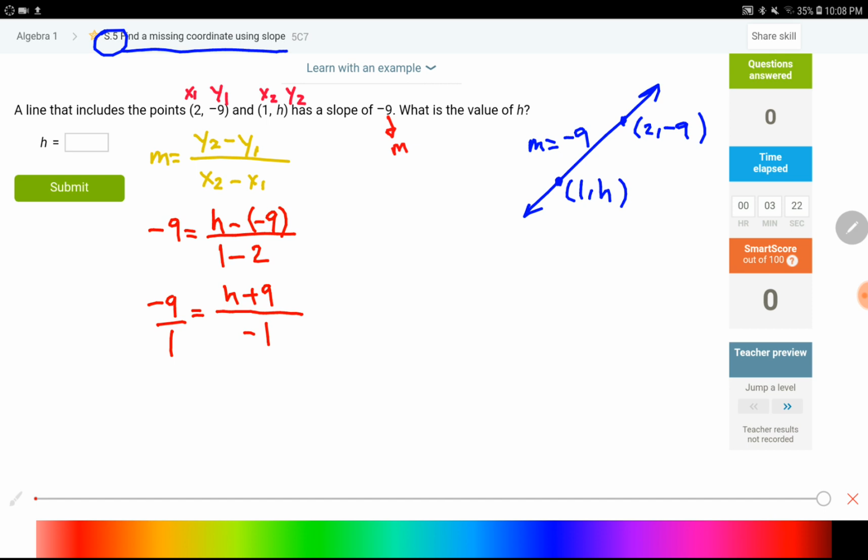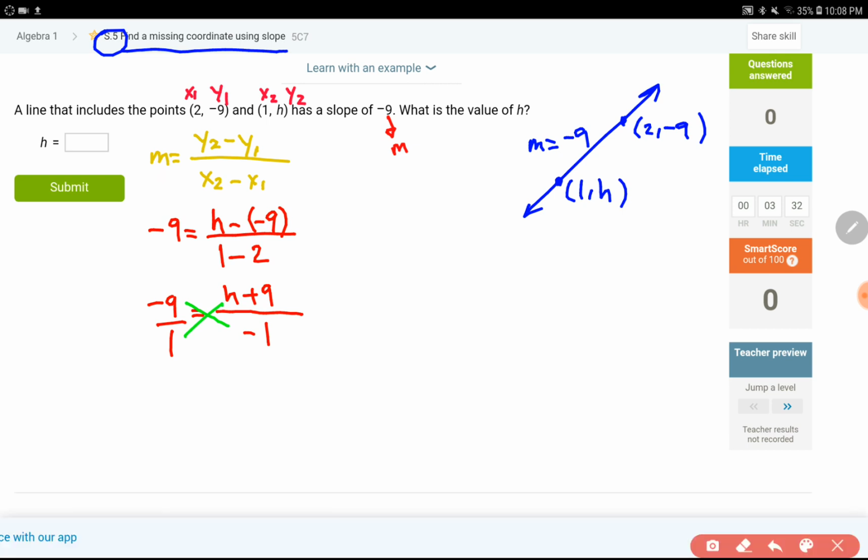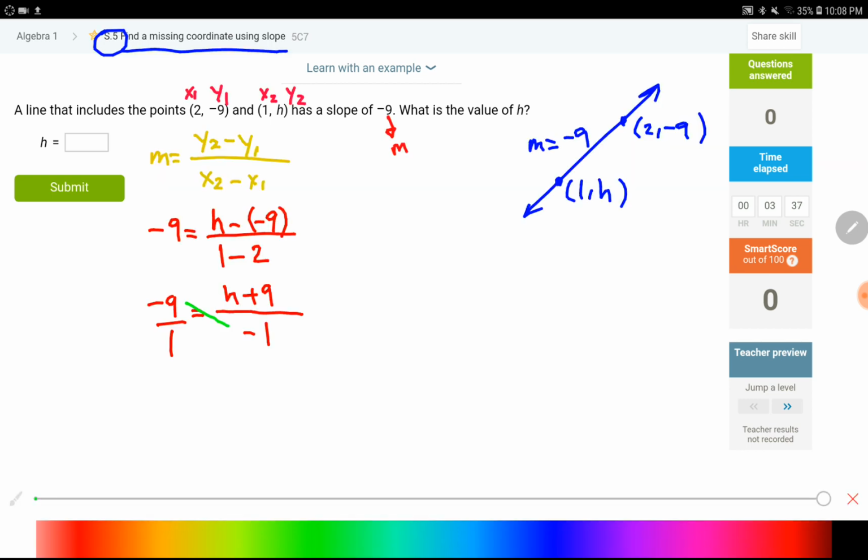So the only reason I did this is I want to do cross multiplication. Like multiply these two and multiply these two. First, let's just multiply these two. Okay, now -9 times -1. When you multiply two negative numbers, the answer turns into a positive number.